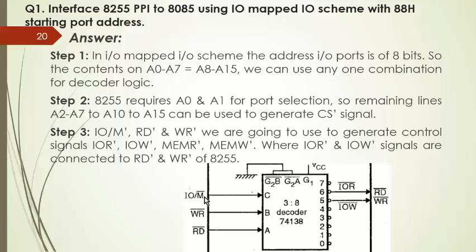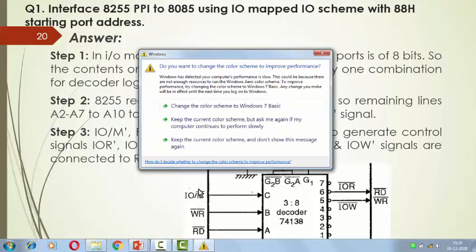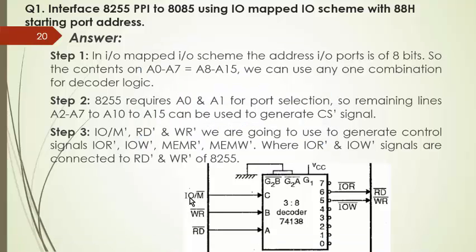As this interfacing deals with IO, suppose an IO write operation is there. In case of an IO device related operation, we know very well that IO/M bar is logic 1.